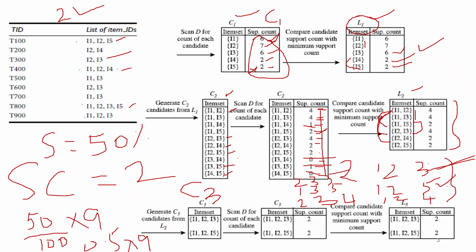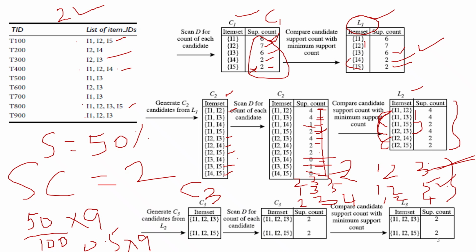There is I1, I2, I3, I1, I2, I5, I1, I2, I4, and then I2, I3, I5, I1, I3, I5, I2, I3, I4. Finally, only the last two pairs are left, where I2, I4, I2, I5. When I combine this, I'll get I2, I4, and then I5.